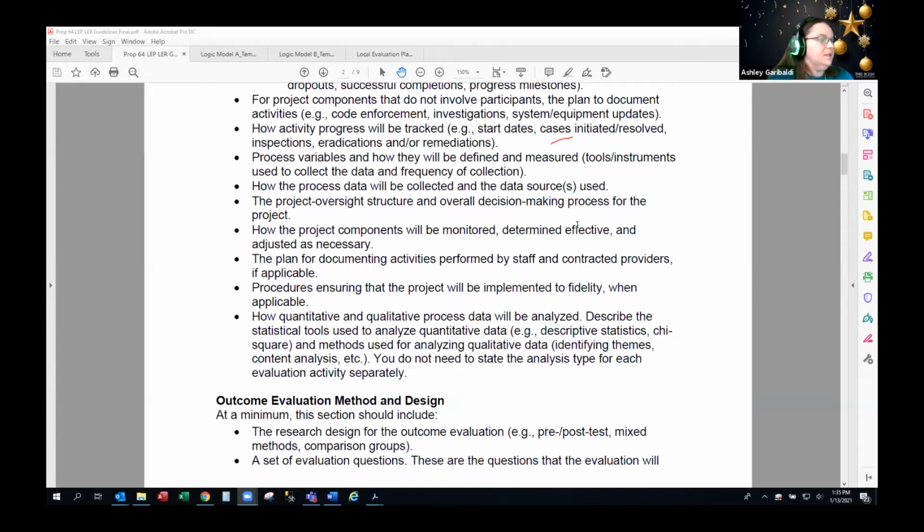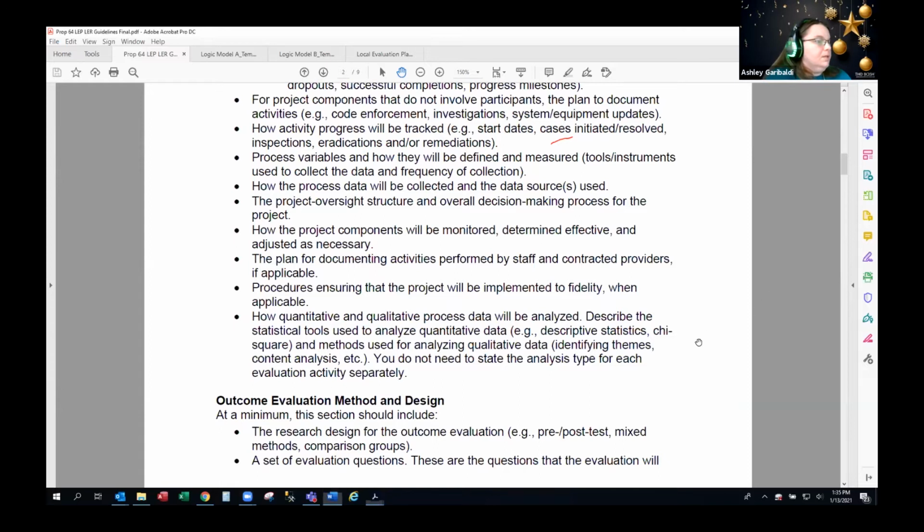So describe the statistical tools used to analyze quantitative data, so descriptive statistics, chi-square, et cetera, and the methods used for analyzing qualitative data, so identifying themes, content analysis, perhaps if you had a focus group. You don't need to state the analysis type for each evaluation activity separately. We just would like a general description overall of the method in which you're going to evaluate your process evaluation, and the data too.